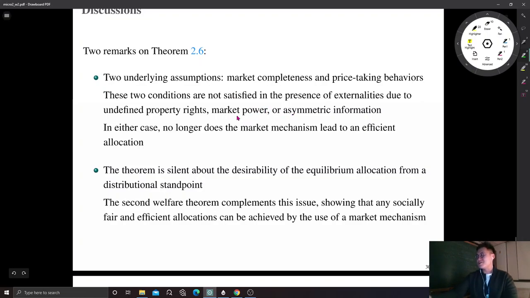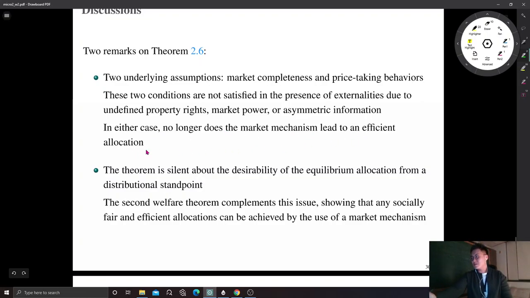But if some consumers or firms have market power, they are not price takers anymore, so the price-taking assumption is violated. And if there is asymmetric information, so the price information is not fully disseminated in the society, then the assumption is also violated. In either case, the market mechanism no longer leads to an efficient allocation.